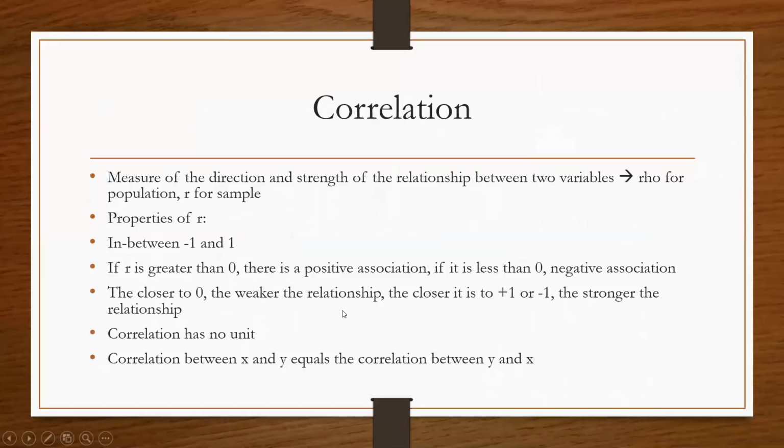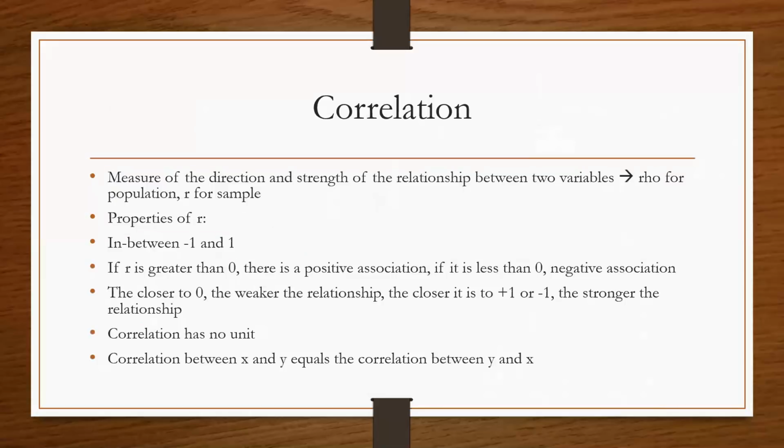So correlation is the measure of the direction and strength of the relationship between two variables. This is most commonly referred to as R. It's going to be between -1 and 1. If R is greater than 0, then there's a positive association. If it is less than 0, that's a negative association. The closer it is to 0, the weaker the relationship, but the closer it is to 1 or -1, the stronger the relationship is.